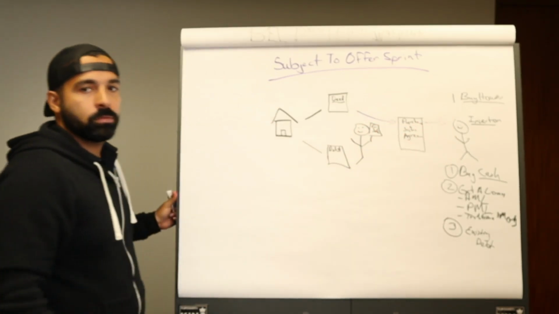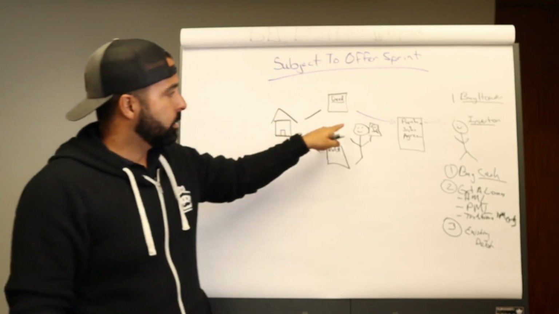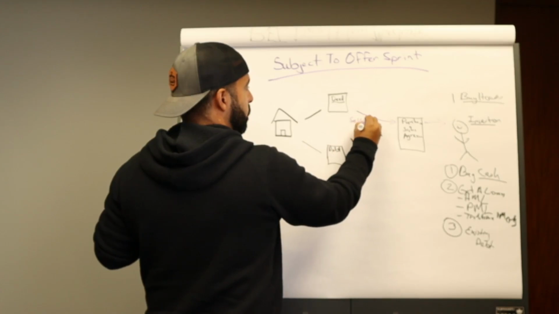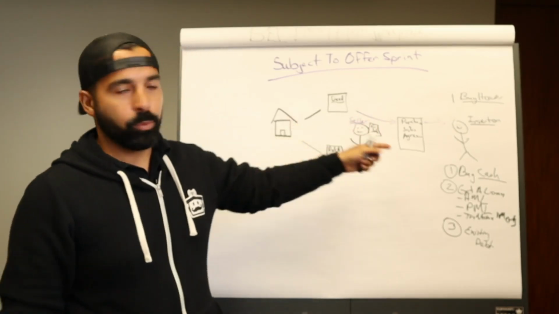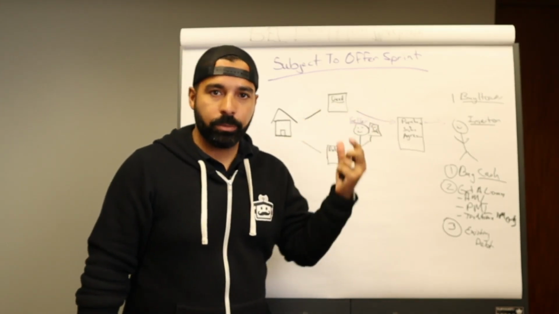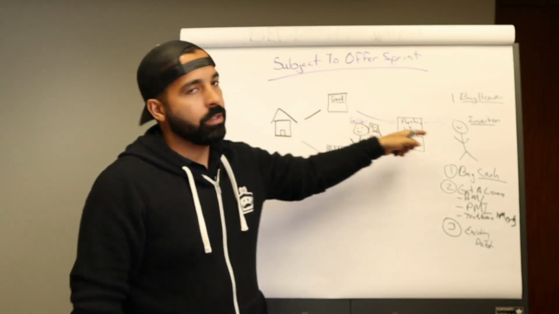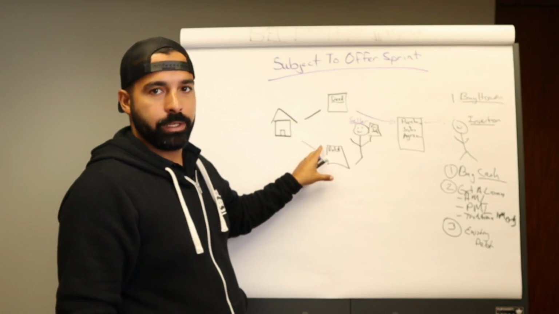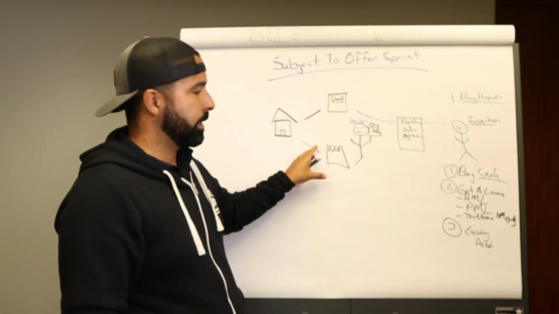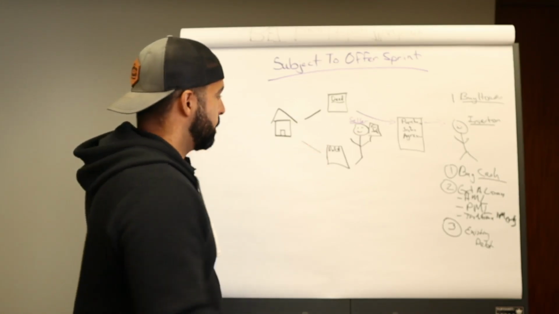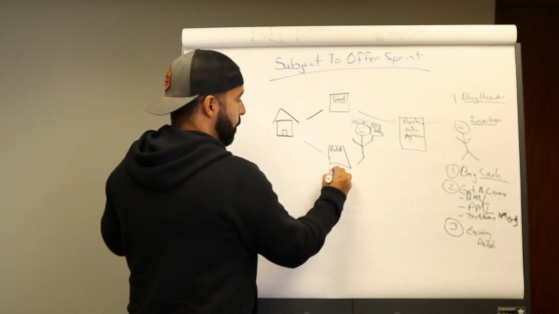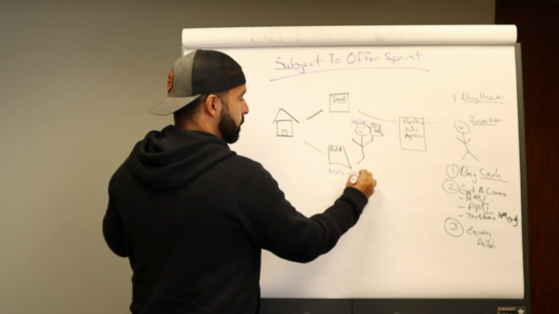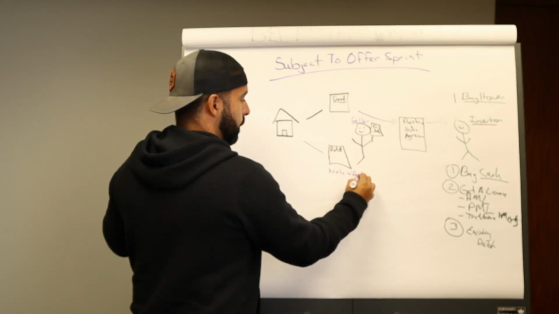This seller right here will deed over the property, the ownership, the title of that property to the investor, and I'm going to leave this debt in place, that mortgage, that note. This is also known as a note with a deed of trust.